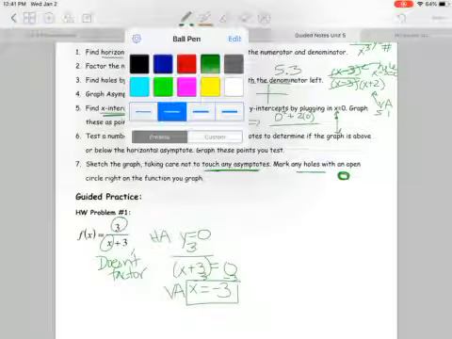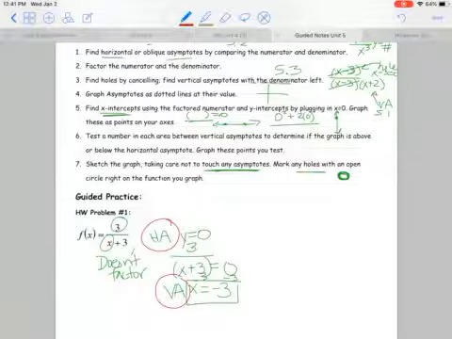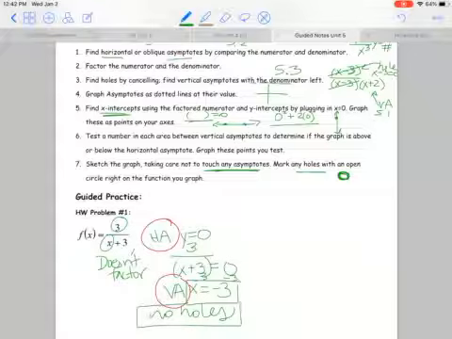So we have two things now. We have HA, VA. Okay, next thing we're going to look at, and then we write no holes because nothing canceled. Okay, that's another answer. So when we go graph these, 0 and -3.